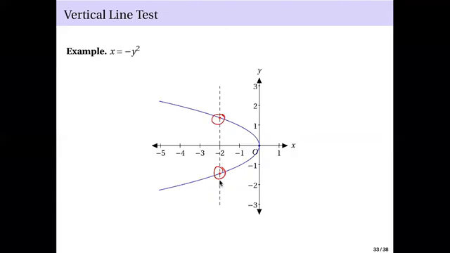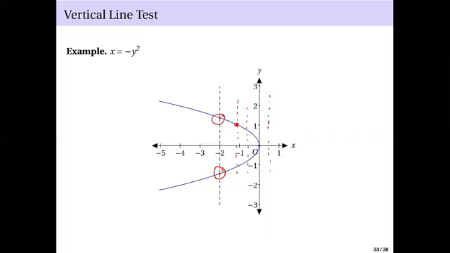If you get this vertical line, the y-axis, it will intersect once, which is fine, but it does not prove anything. If you get a vertical line somewhere here, this vertical line does not intersect the graph. It is fine, again, but it does not prove anything. This vertical line, however, or maybe this vertical line, or this vertical line.